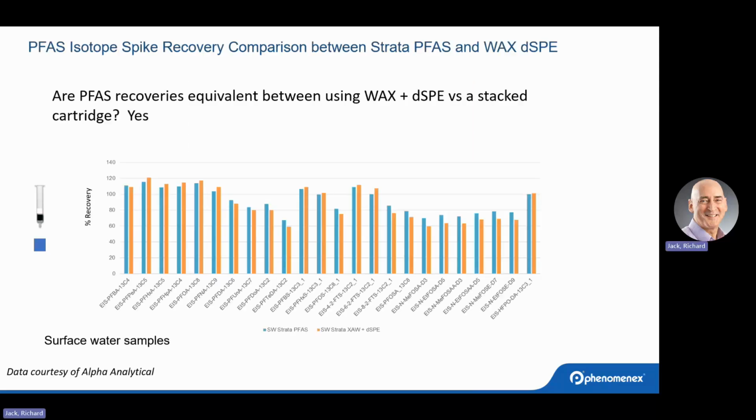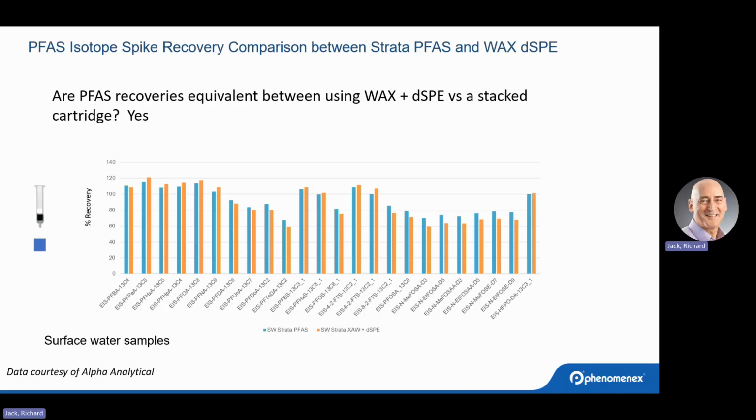So the first thing we wanted to ask ourselves, okay, we have the stacked cartridge. What do the recovery comparisons look like if we use the two different procedures? And this is from a surface water sample that was spiked with 18 PFAS compounds. These are the isotopes. And if you look, we get different percent recoveries for the individual PFAS compounds.